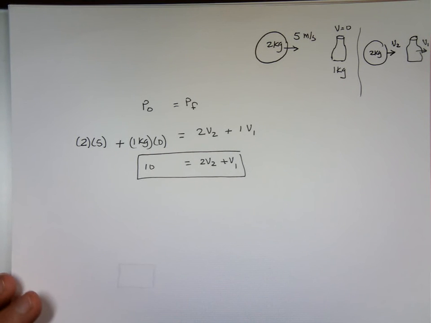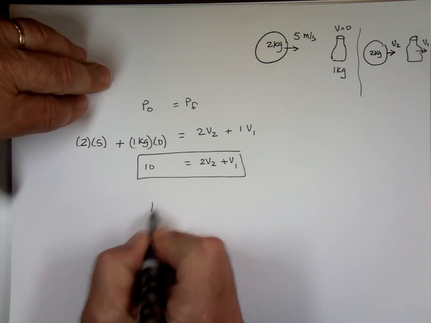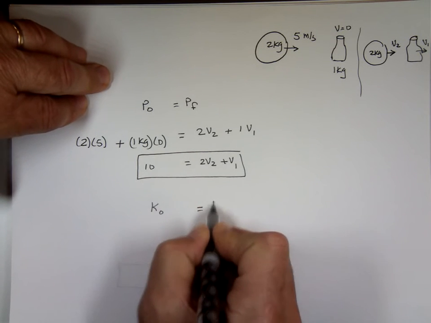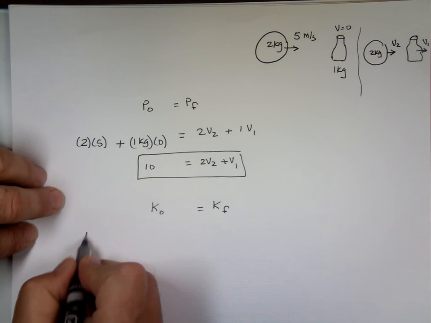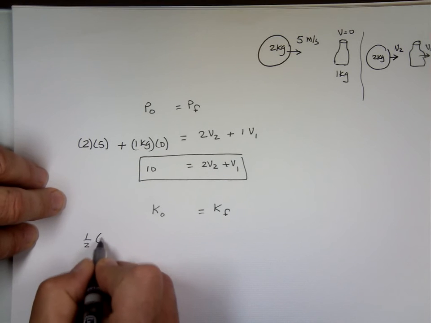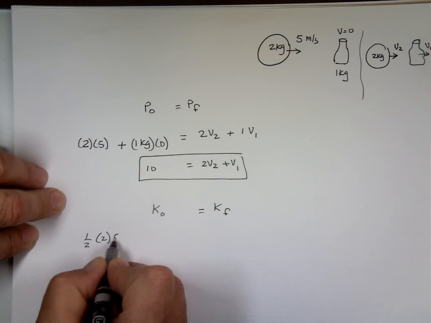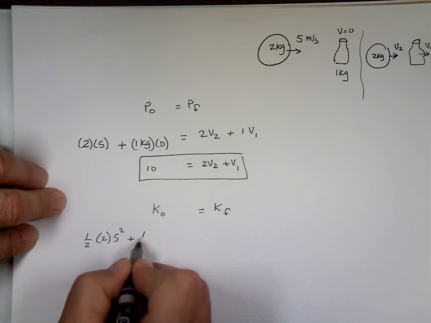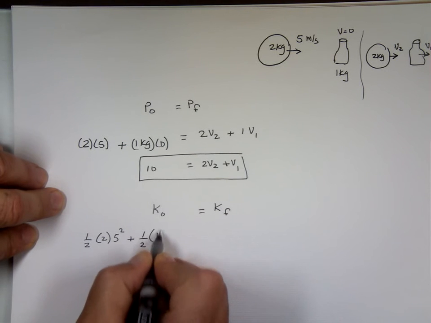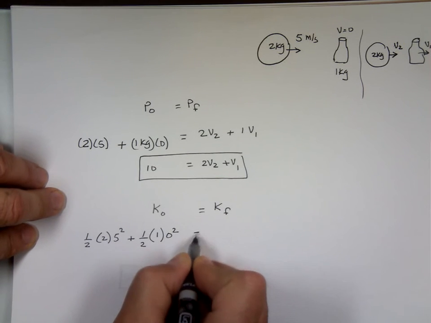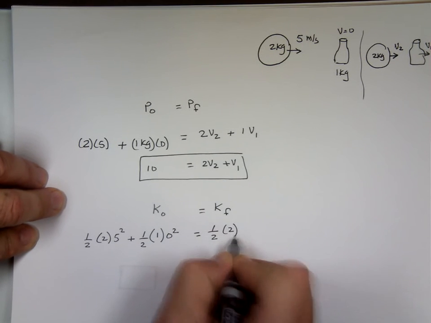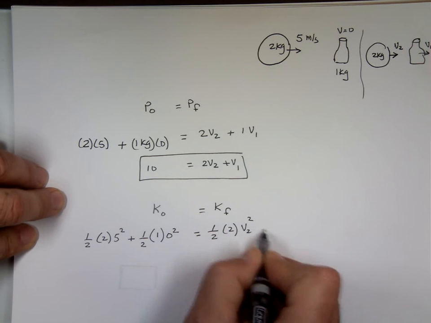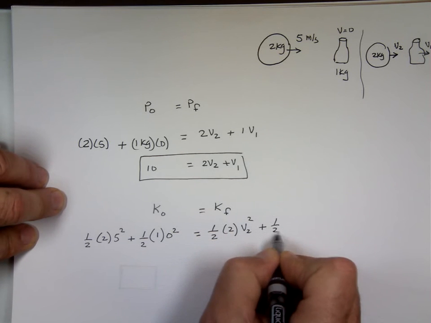No fractions. The kinetic energy before equals the kinetic energy final. 1/2 the mass, which is 2, times 5 squared, equals one half times 2 times V2 squared plus 1/2 times 1 times V1 squared.